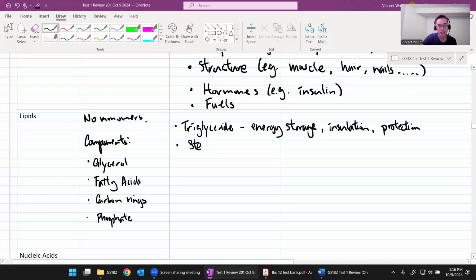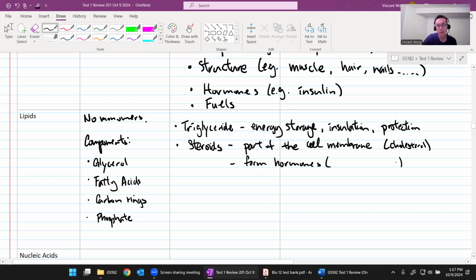We have steroids, which is part of the cell membrane, specifically cholesterol. Steroids, as I told you earlier, can form hormones as well. I'm sure you know the steroid hormones by now.